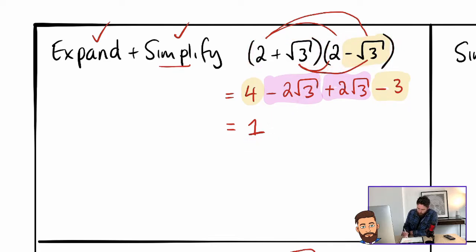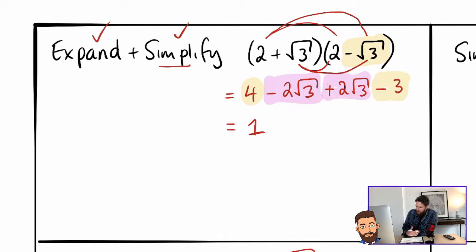Well, the key to this question was we ended up here with minus 2 root 3 and plus 2 root 3, which cancelled. And if you take a look at this question, you had the same thing, 2 and root 3, with just 1 positive and 1 negative. And what that does, when you expand it, it cancels the surd.